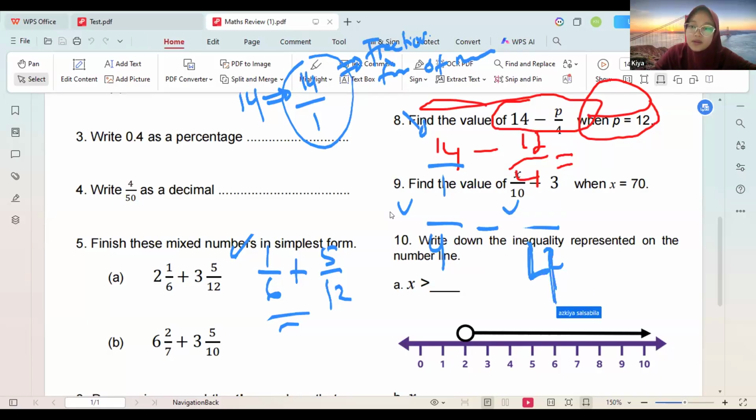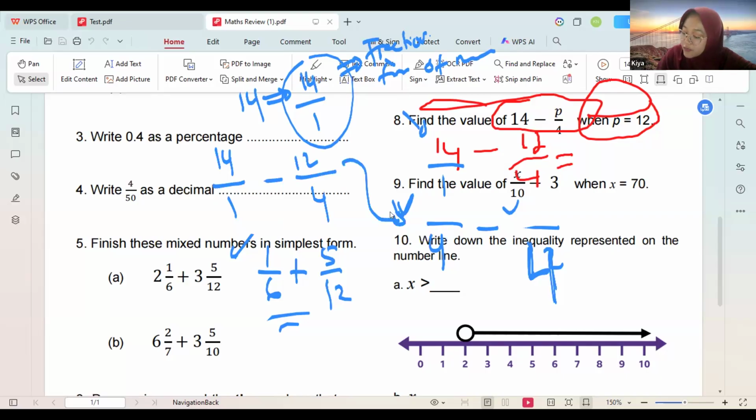Okay. What is the number that I have to place here, the first one? You have 14 per 1 minus 12 per 4.